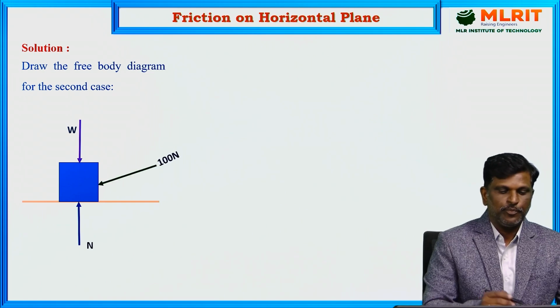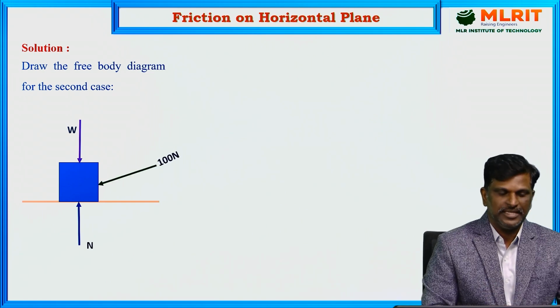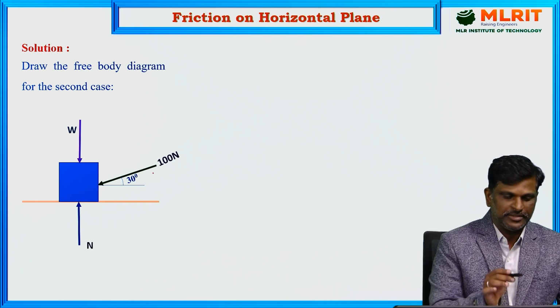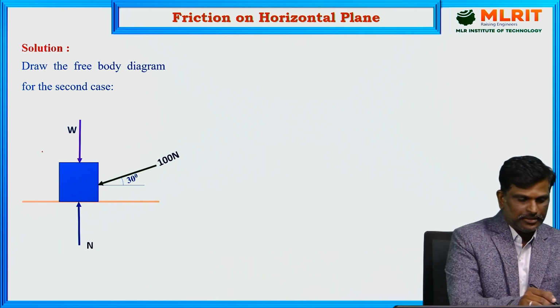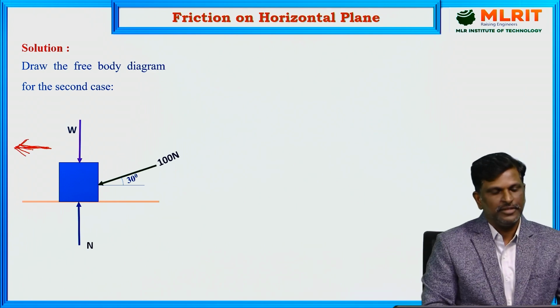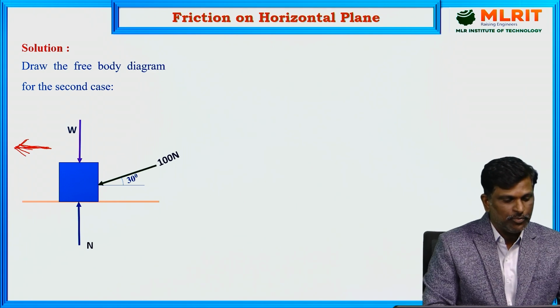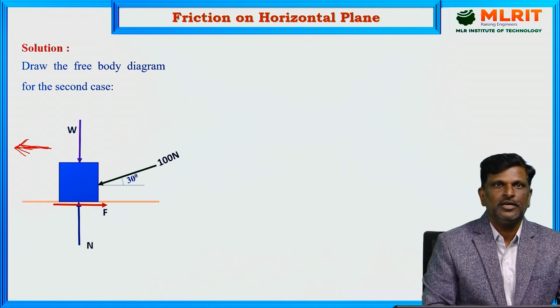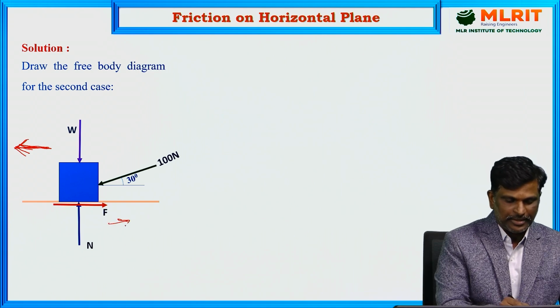A push of 100 newtons is acting at an angle of 30 degrees. Now in this case, the body tends to move towards left. Therefore, the friction will be in the opposite direction to the motion of the body. Friction will be towards right.